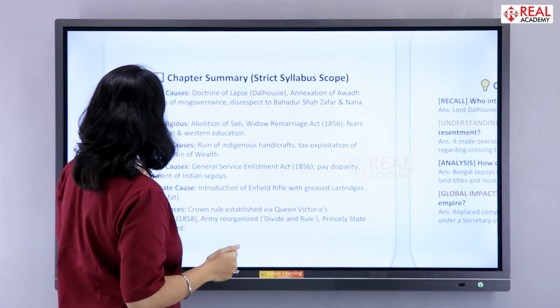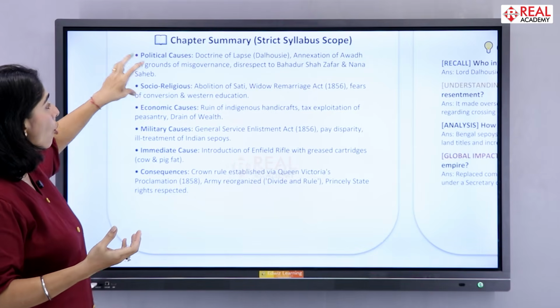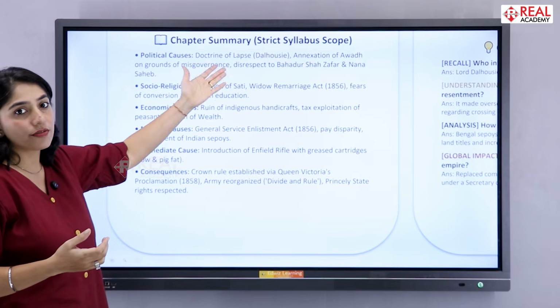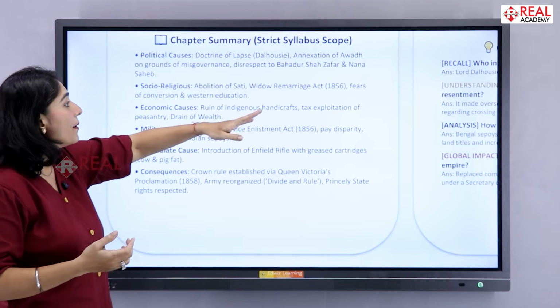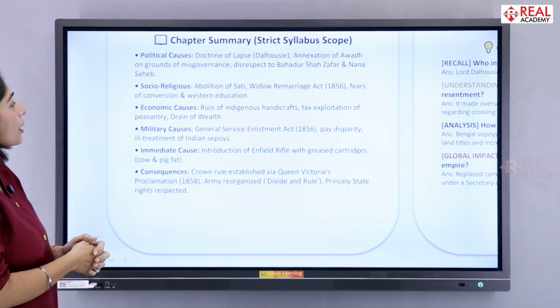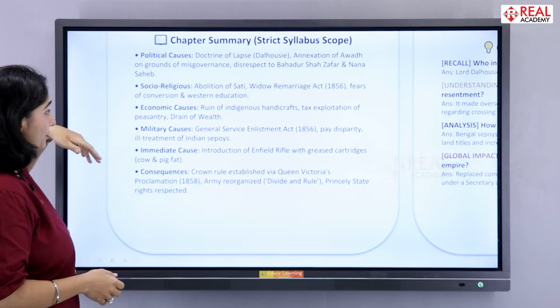So we move ahead. For social religious causes, there may be questions which may be precise to social religious causes. It could be abolition of sati, widow remarriage. Then it also covers conversion and Western education.